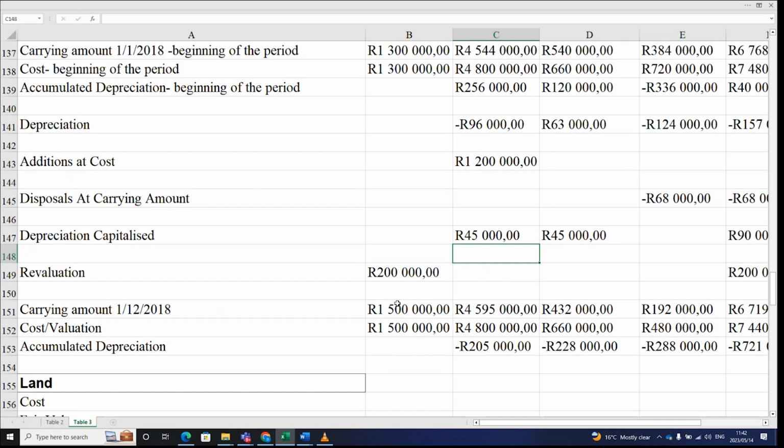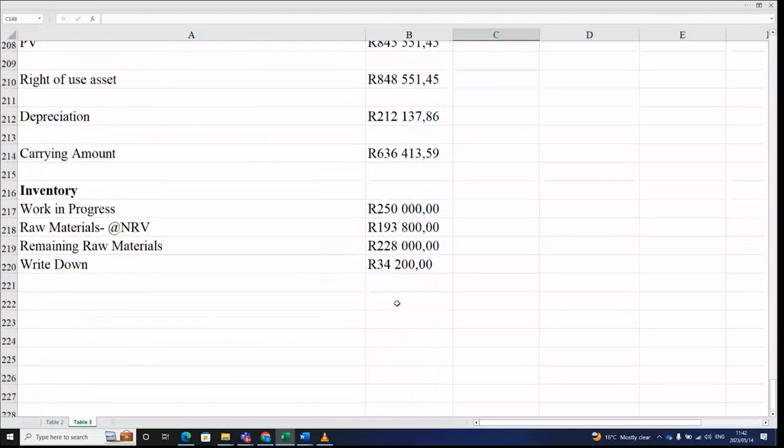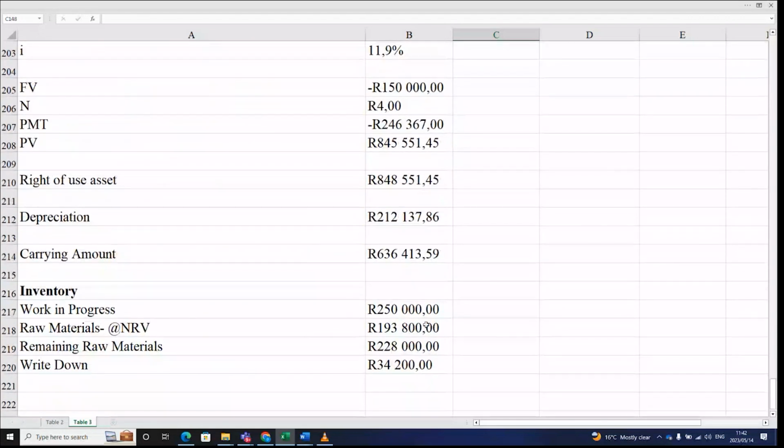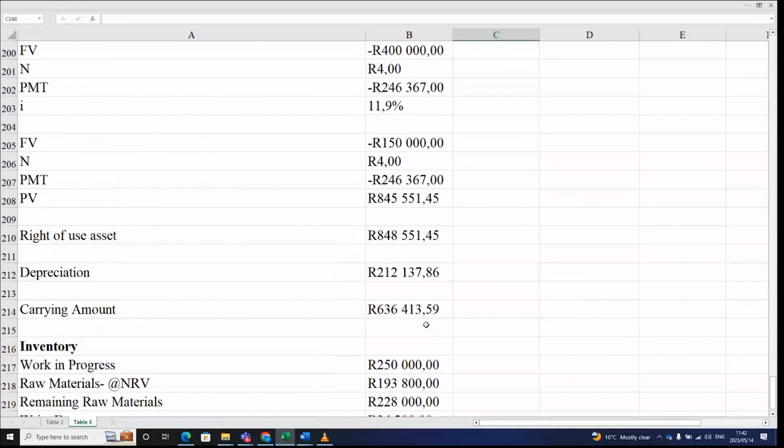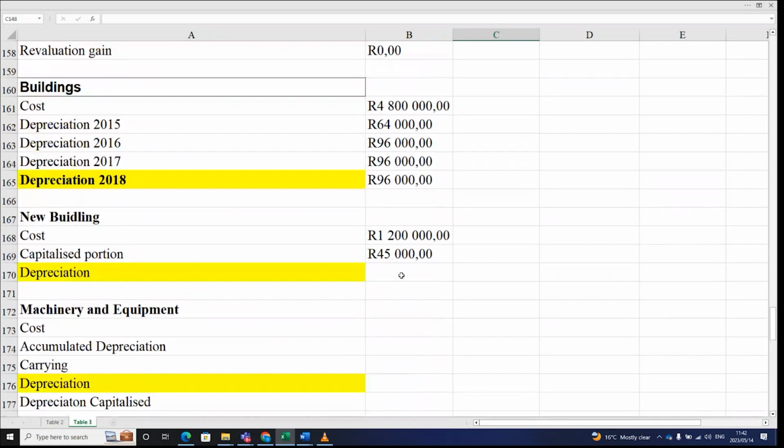To work out now this depreciation, we need to know when this was brought into use, and it was brought into use after 5 months, so it's only for a period of 7 months.